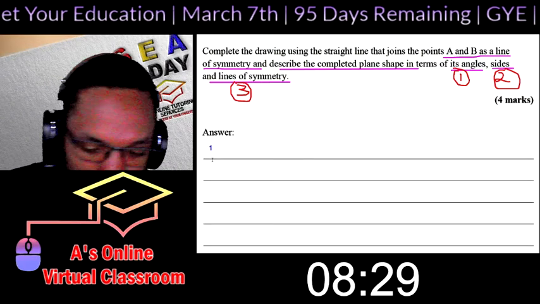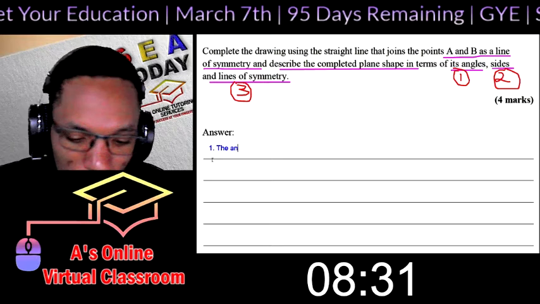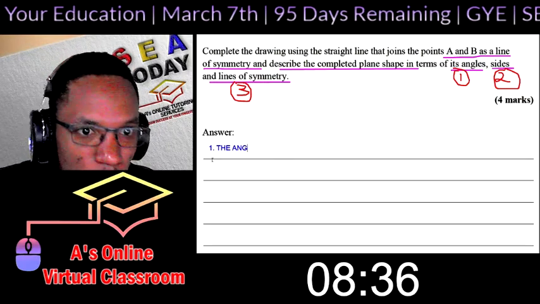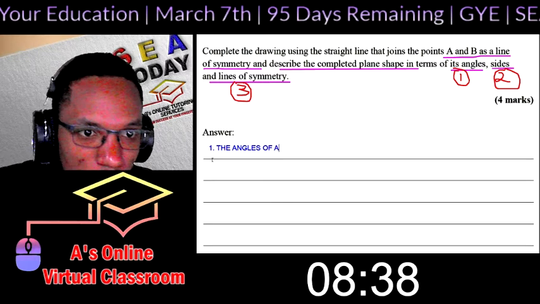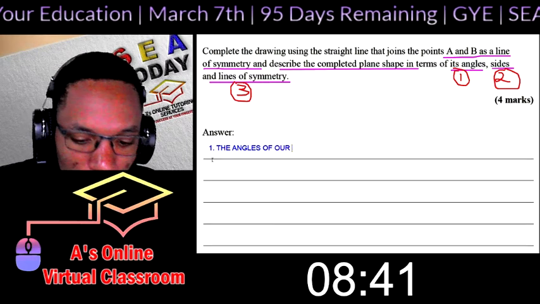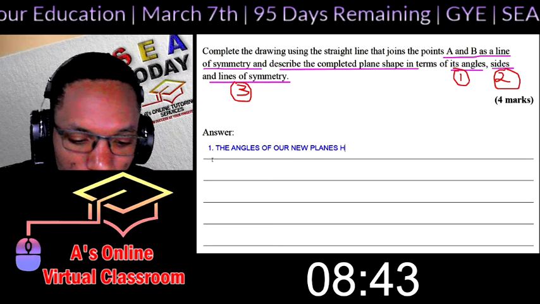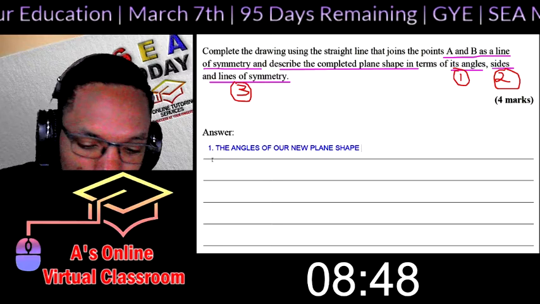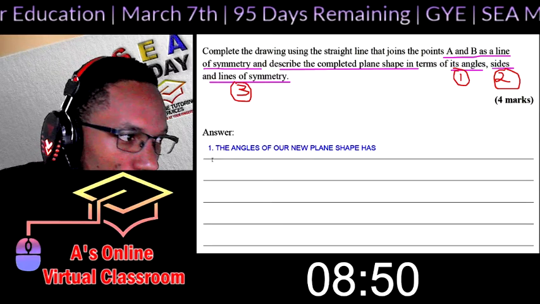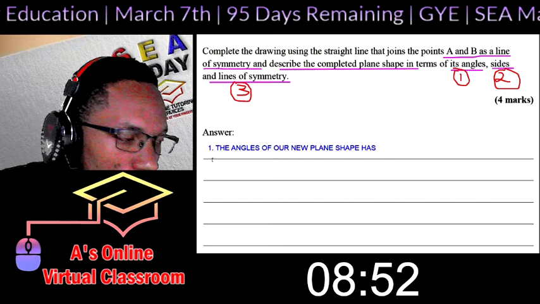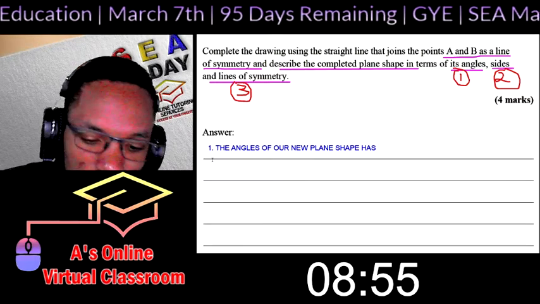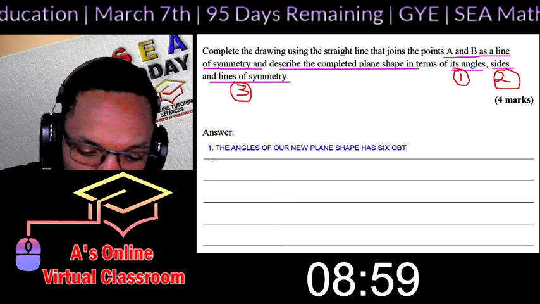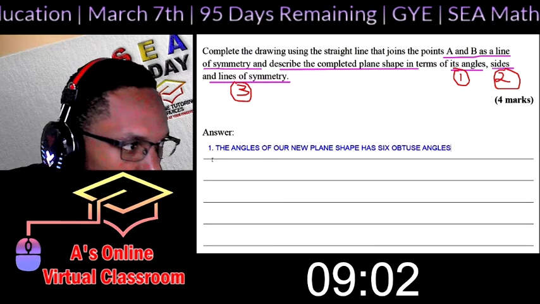Number 1, the angles. I can write it all in caps so we can see it properly. The angles of our new plane shape has 6 obtuse angles.